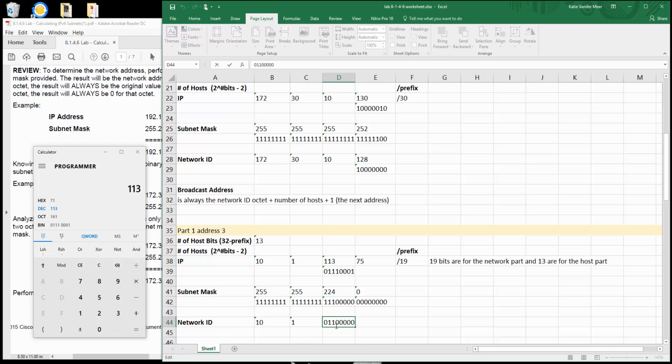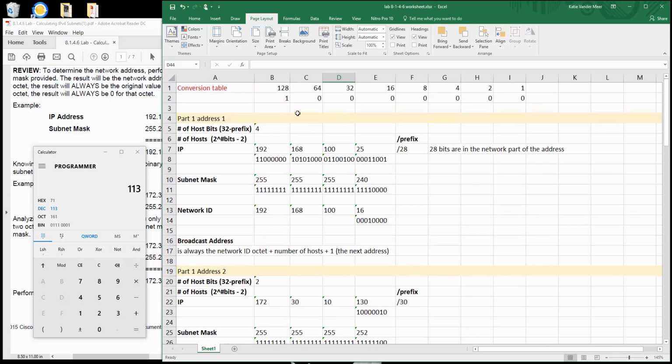Okay. What is the decimal number? I put that in the wrong box too. What is the decimal number of this binary stream? 0, 1, 1, 0, 0, 0, 0, 0. Well, let's see. We had 0, 1, 1. Add those two together, we get 96.